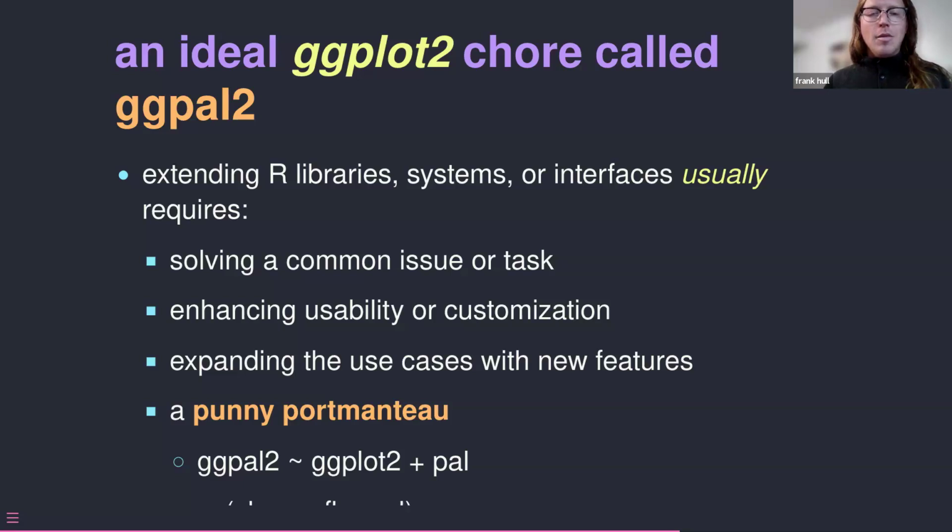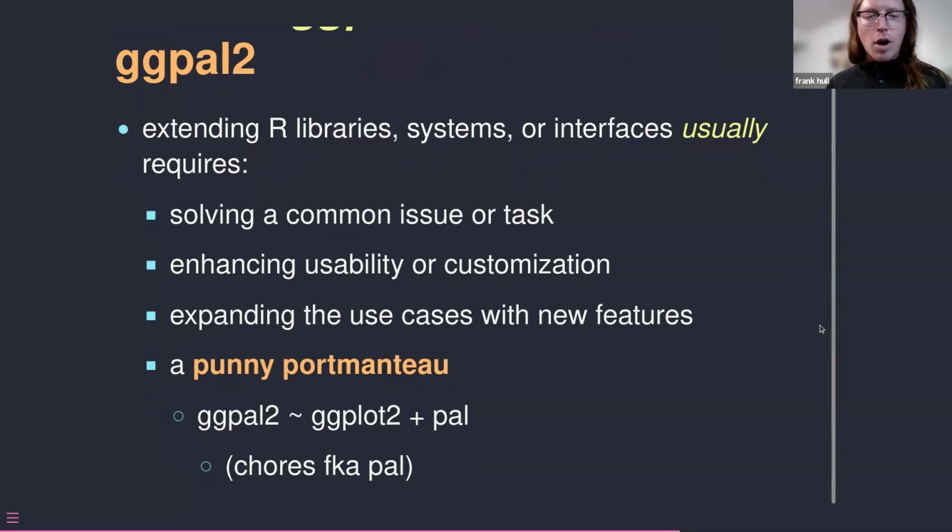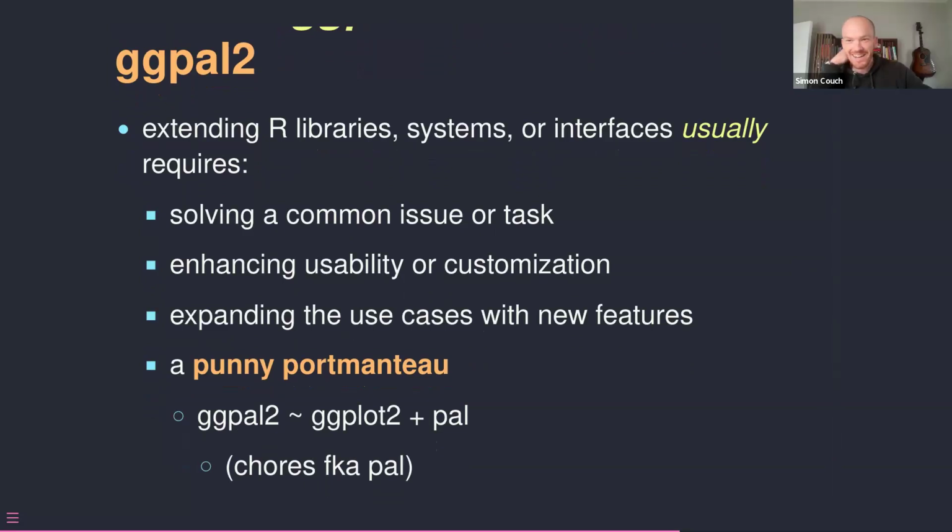The other thing I was curious about, Simon, since you're on the call, is what prompted you to change the name of pal? Was there already one registered to like crayon or something, or did you just want to ruin my pun? I totally swiped that out from under you, didn't I?